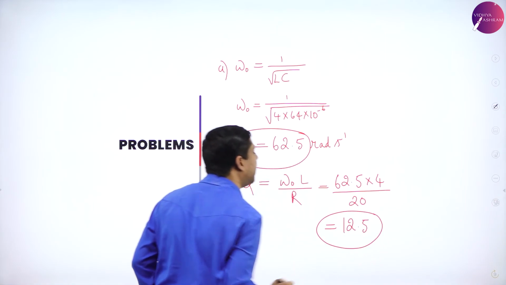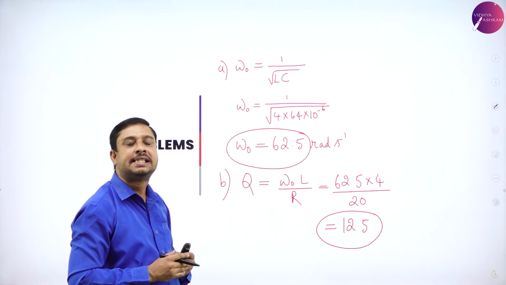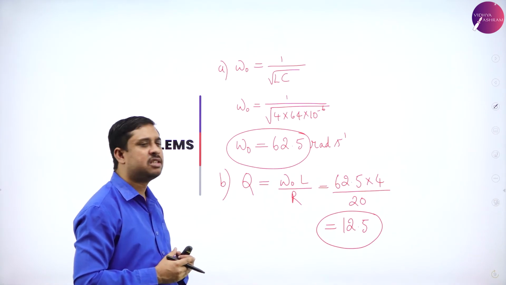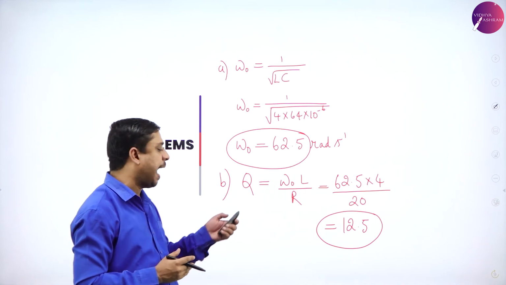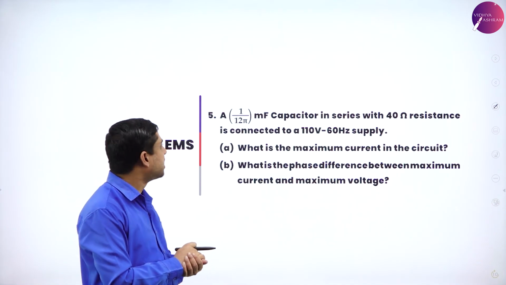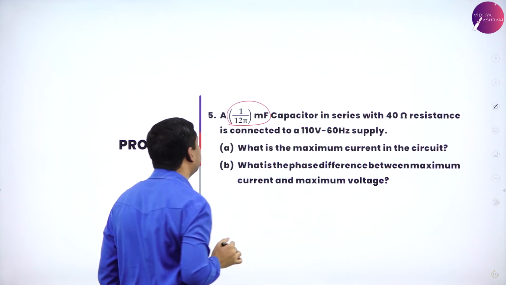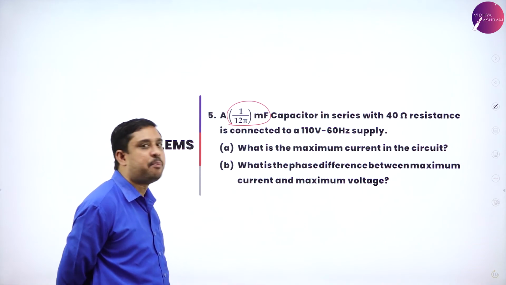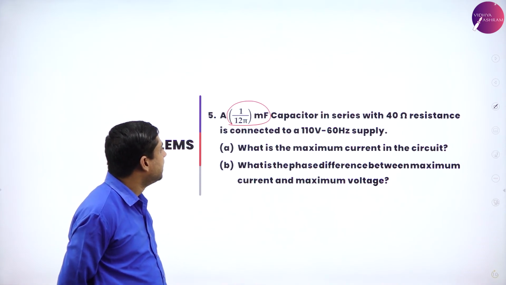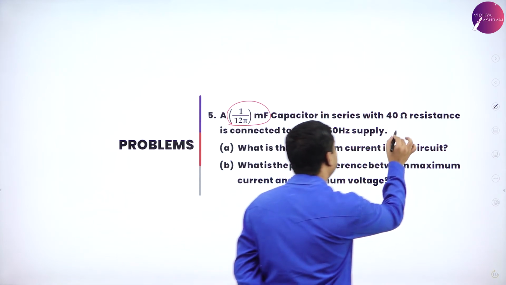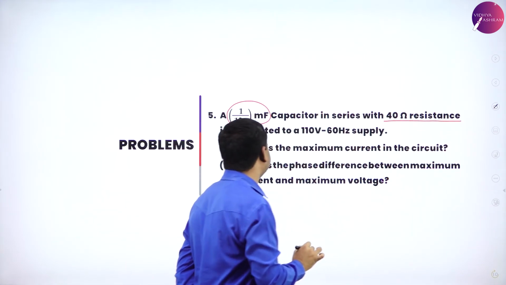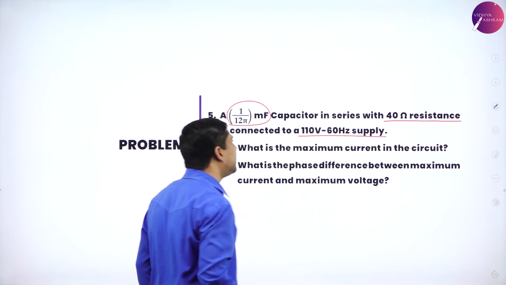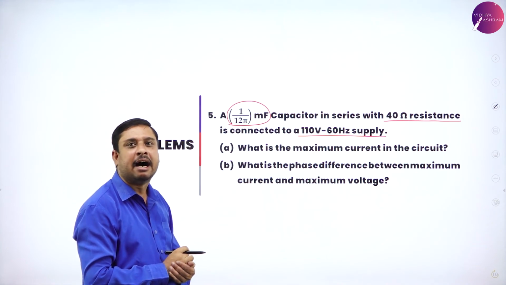Does it have a unit? No, it is simply a factor, a number. So Q is called the quality factor. Again, quite interesting. Now, a 1 by 12 pi millifarad capacitor is in series with 40 ohms resistance connected to 110 volt 60 hertz supply.